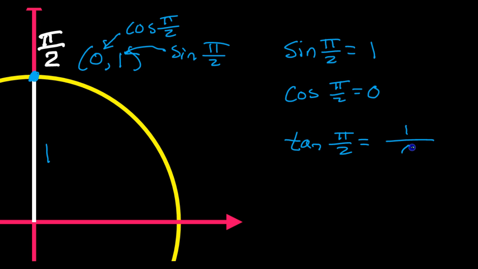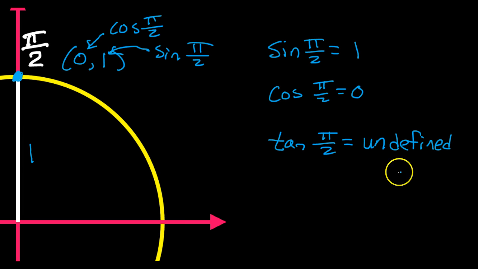So the tangent is going to be 1 over 0. So it's just a matter of what's the value of this? Well, that's undefined, isn't it? You can't divide by 0. Don't be crazy. So the tangent of pi over 2 is undefined. Okay.